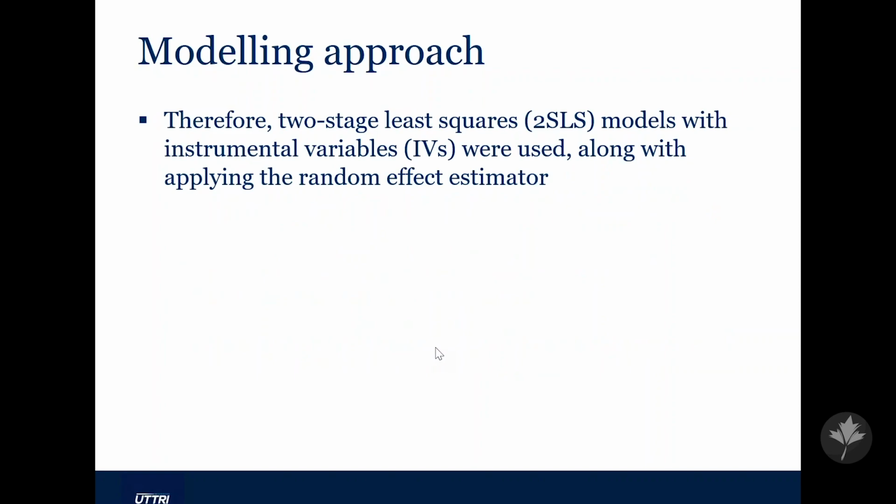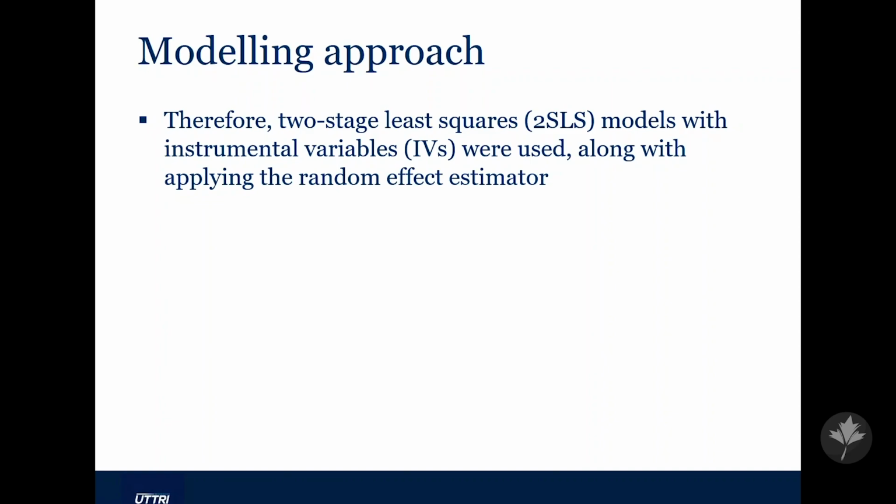So to do this, we developed a so-called two-stage least squares model with instrumental variables along with a so-called random effects estimator. The random effects estimator helps us to control for this longitudinal or panel structure of the data, because, as I mentioned, each transit agency has 15 observations.